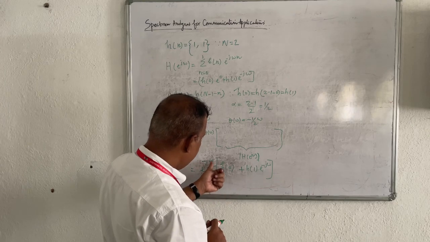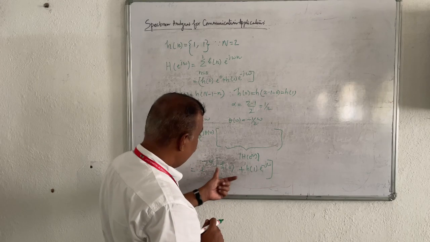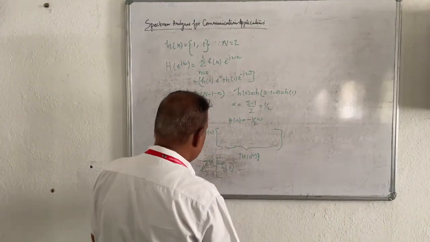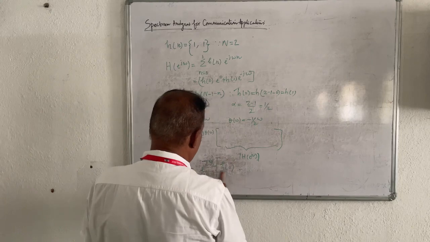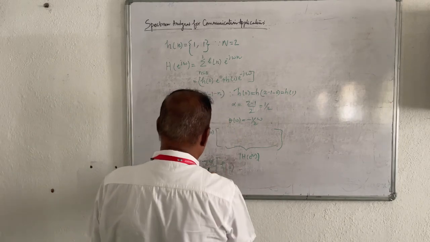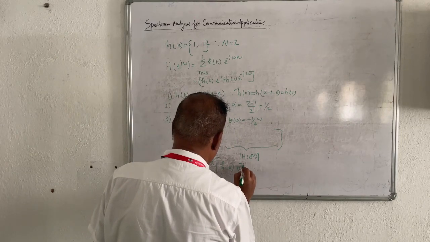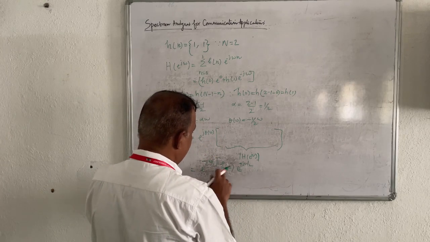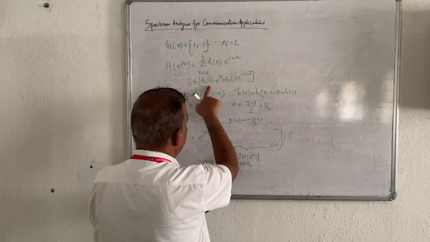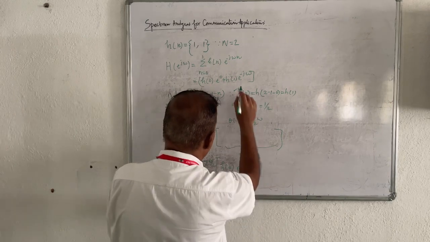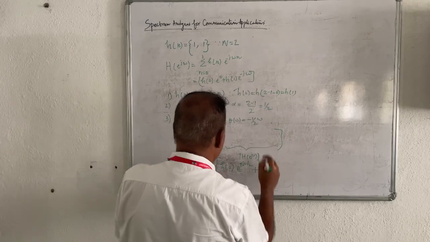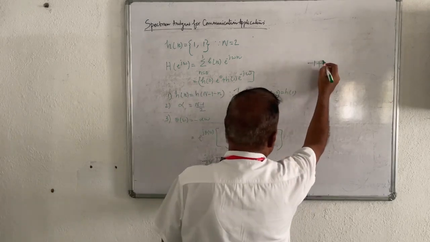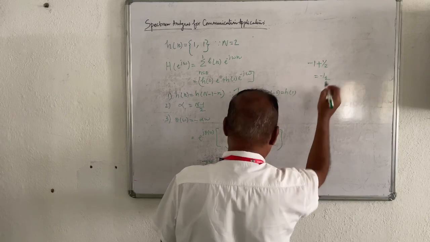If I take e power minus j omega by 2 outside, what will happen to this equation? For it to remain equal, I have to take e power plus j omega by 2 inside. So e power minus j and e power plus j give 1, so I will get h of 0. Similarly here also I have to add the exponent minus 1 plus 1 by 2, which is nothing but minus 1 by 2.